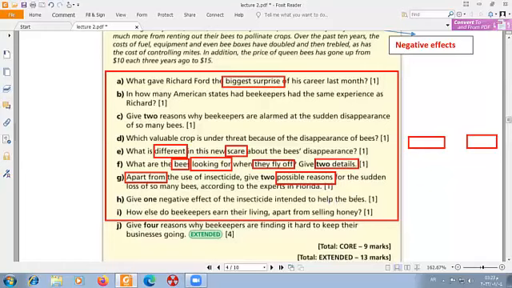You said the mites are killing the honey bees. The mites, the queen bee, yeah.